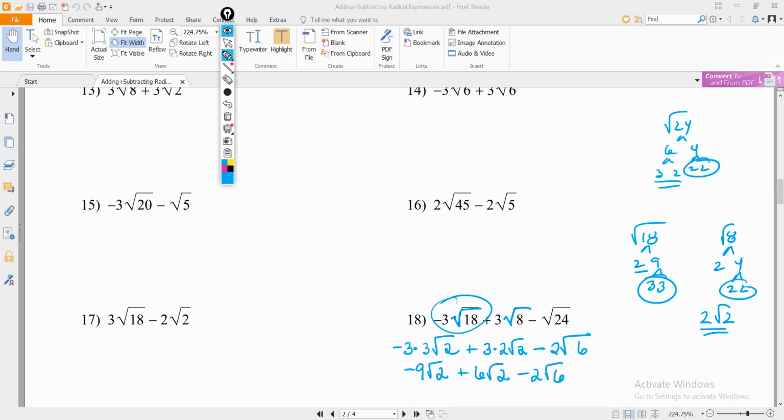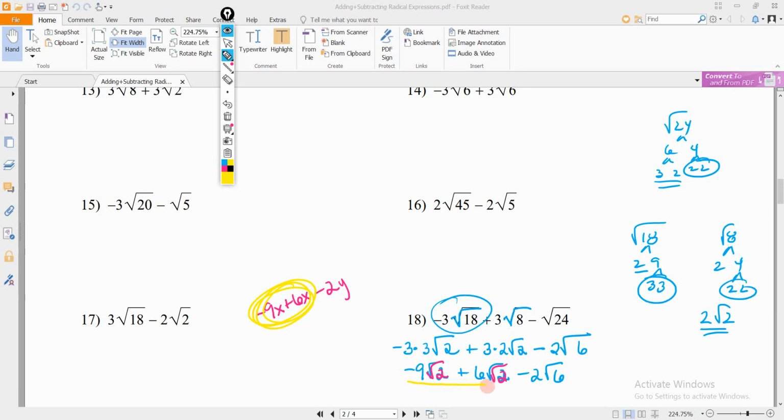So this is a situation, kind of go back to variables a little bit. If we look at the radical 2 here and the radical 2 there, those are like things. So we're looking at something here that's like negative 9x plus 6x minus 2, but this radical 6 here is different than these radical 2's, so maybe that's like a y. Well, if I had that, the only thing you could combine would be those two things there.